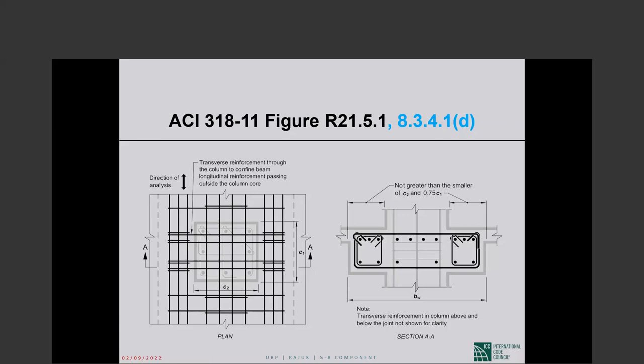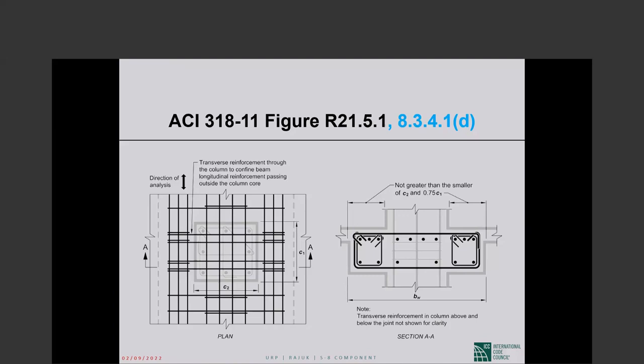But that effective beam width will be wider than what is being allowed by this restriction. So we do not have detailing requirements for that effective beam width.